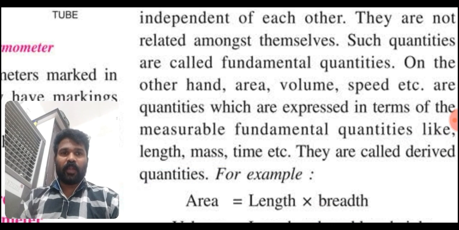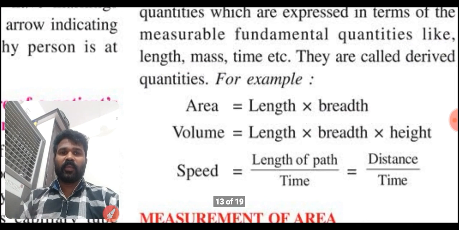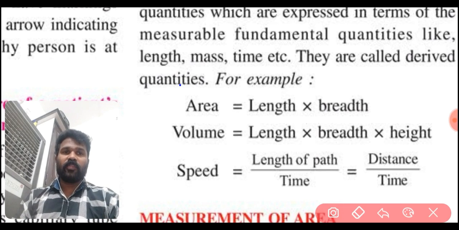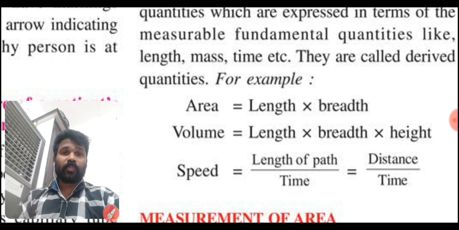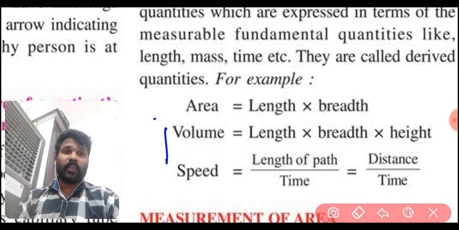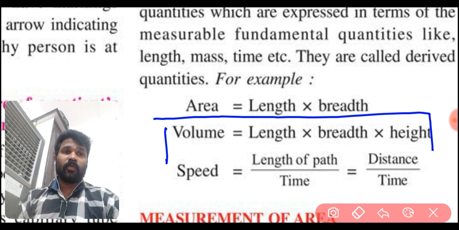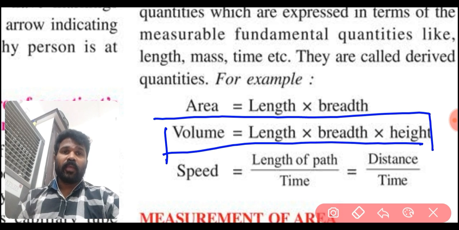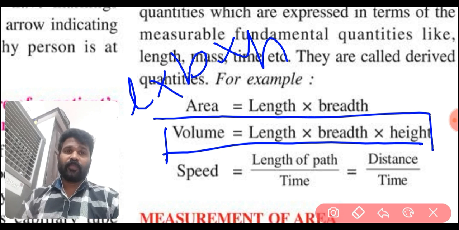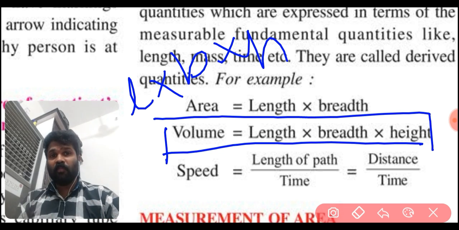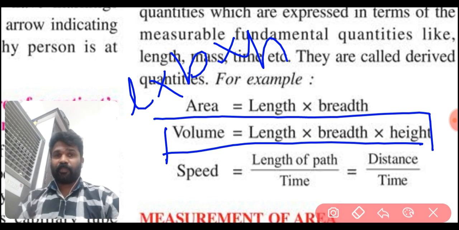For example, area is equal to length into breadth. Volume is equal to what? Length into breadth into height, that means L into B into H. Okay, students, L into B into H, that is the volume of a particular body.